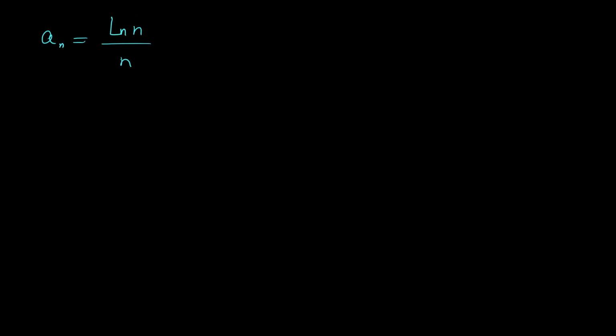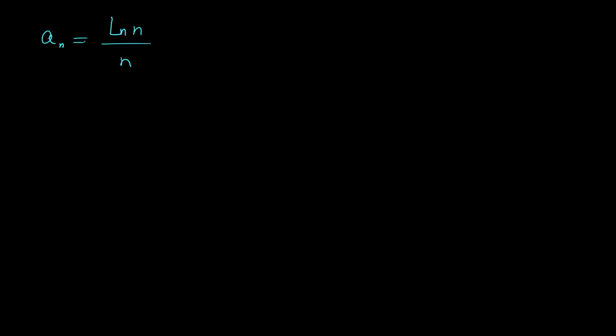Now look at this example. Here we have a logarithmic function, ln of n over n. Again, we have a new type of function, logarithmic functions. Do you remember from previous examples that exponential functions grow very, very fast compared to polynomials?